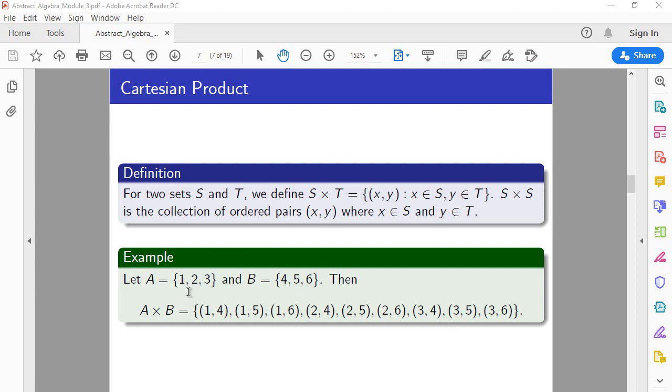So if we multiply the number of elements of A with the number of elements of B, we get the number of elements of A cross B. And the reason is that you can do a counting argument here: we are trying to count the number of pairs where the first coordinate is coming from A and the second coordinate is coming from B. So for the first coordinate of the pair, we have 3 possibilities, and for the second coordinate of the pair, we have 3 possibilities. So we have a total of 3 times 3 possible pairs.